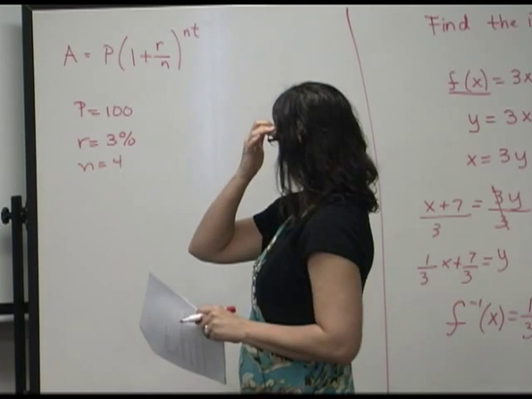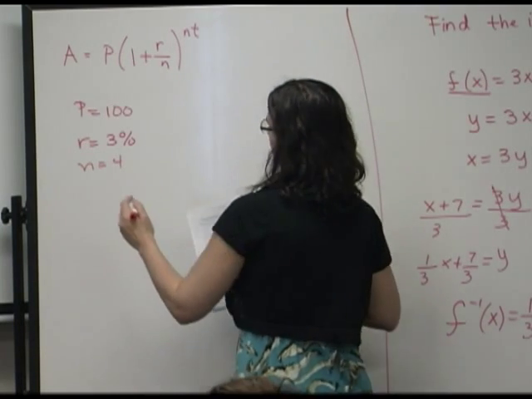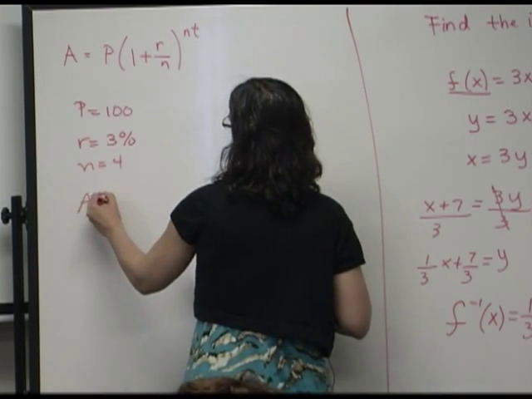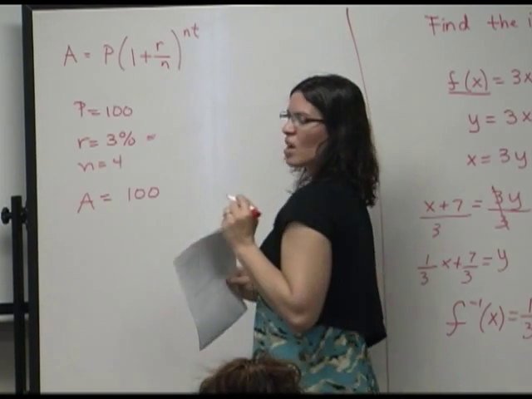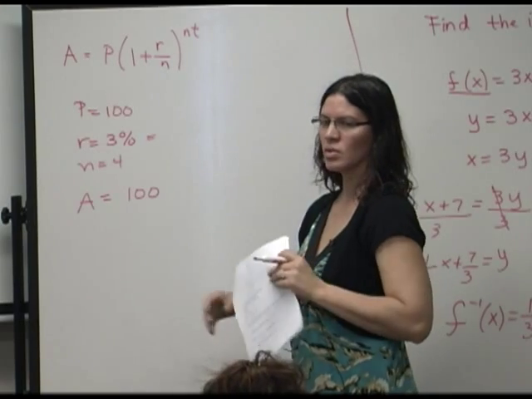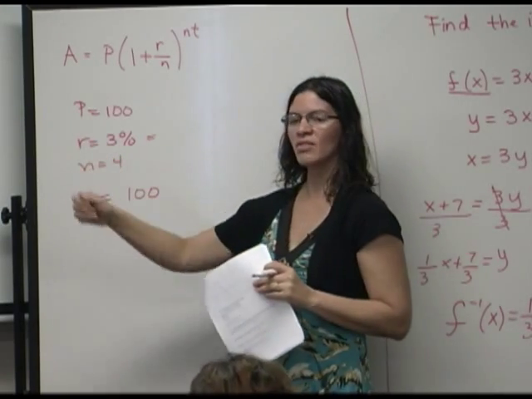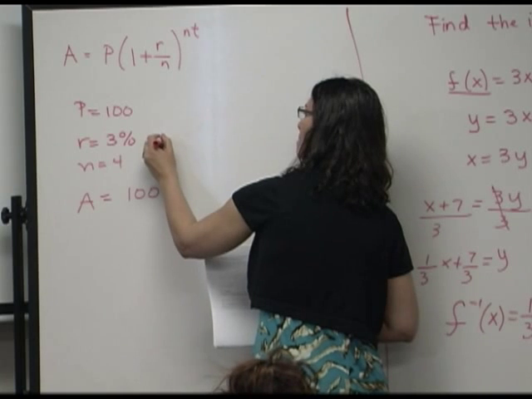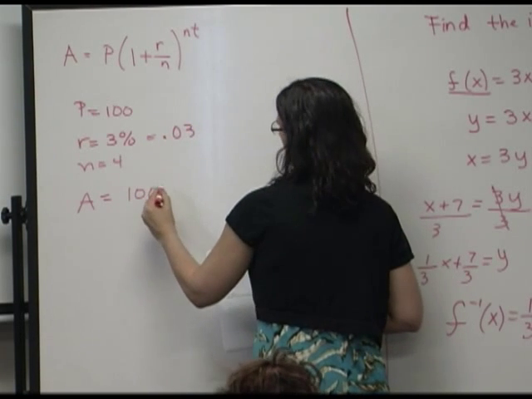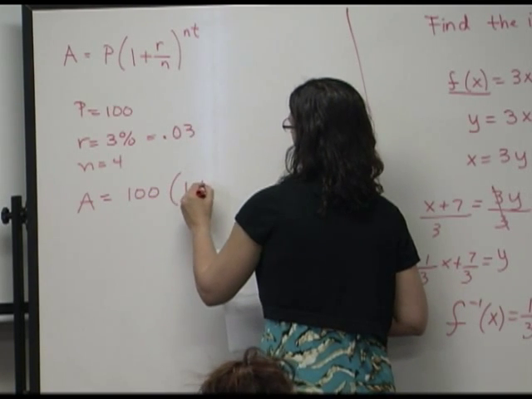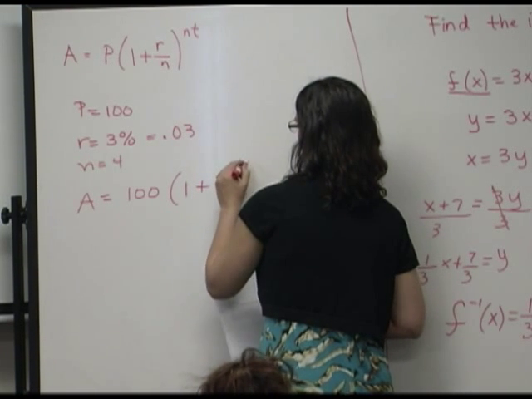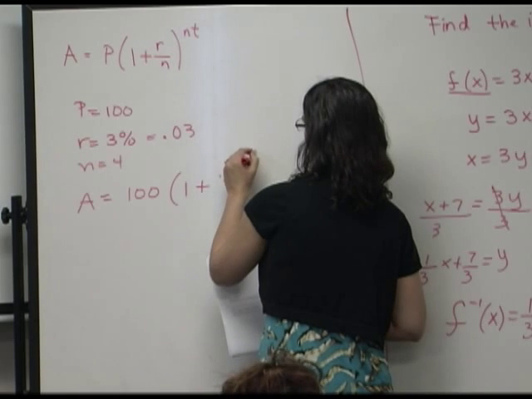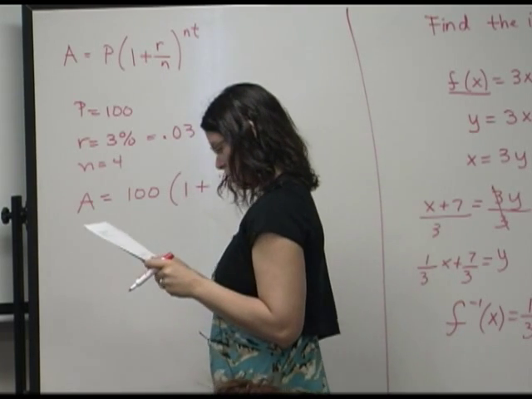And that's all we need. Okay, how do we use R? Do we use percents? No. Do we use the percent or the decimal form? We use decimal form, right?